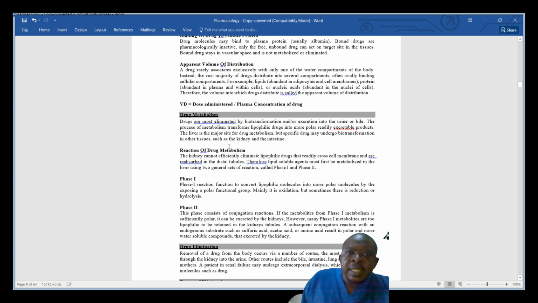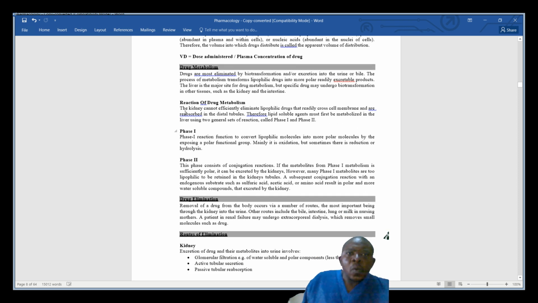The process of metabolism transforms lipophilic drugs into more polar, readily excretable products. The liver is the major site for drug metabolism, but specific drugs may undergo biotransformation in other tissues such as the kidney and the intestine.